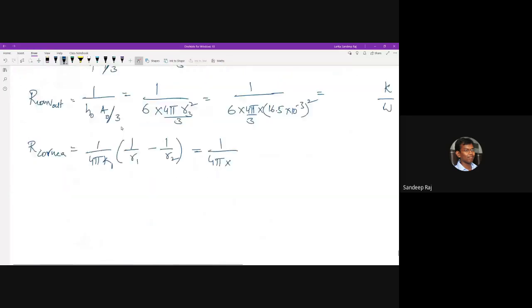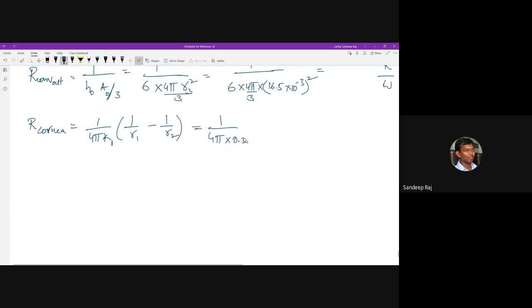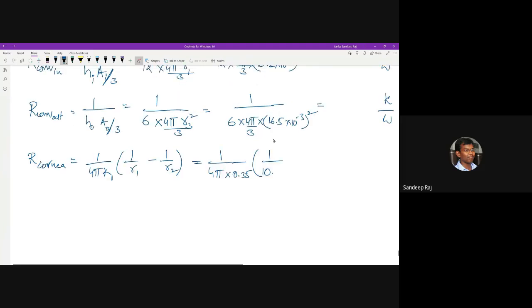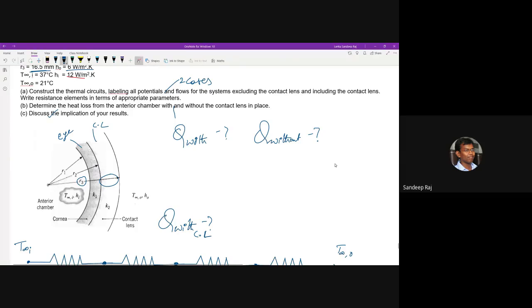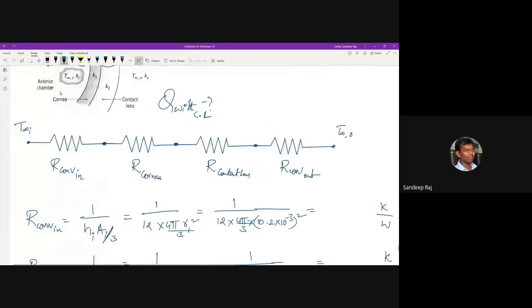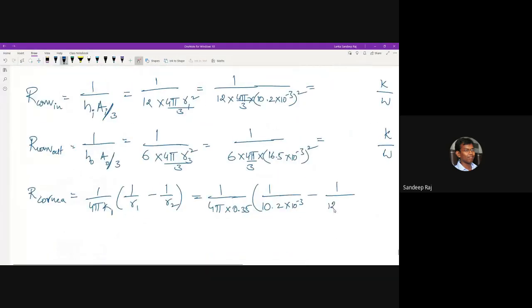Substitute that 0.35 here, into 1 by R1, which is 10.2 into 10 to the power of minus 3, minus 1 by R2, whose value is 12.7 into 10 to the power of minus 3. So I'll get this value in so many Kelvin per watt.